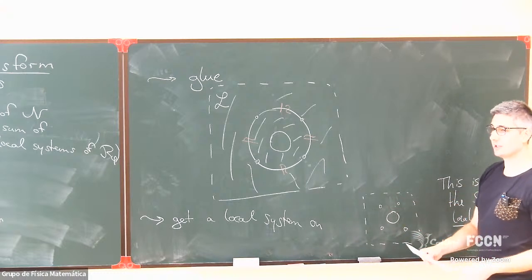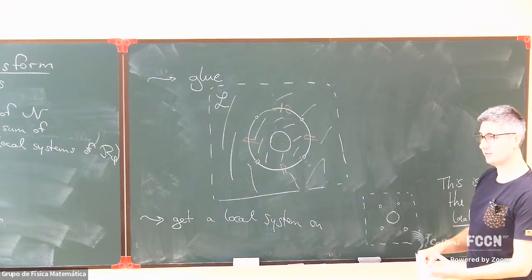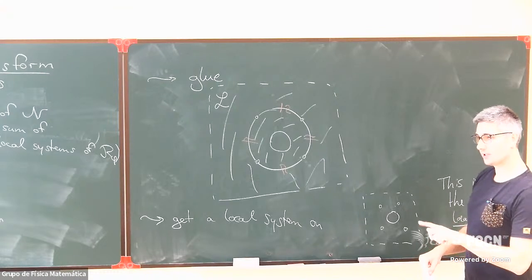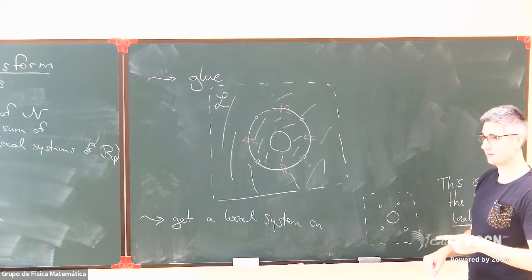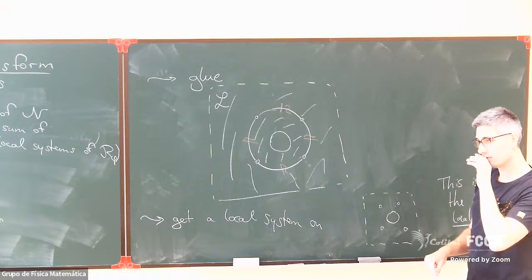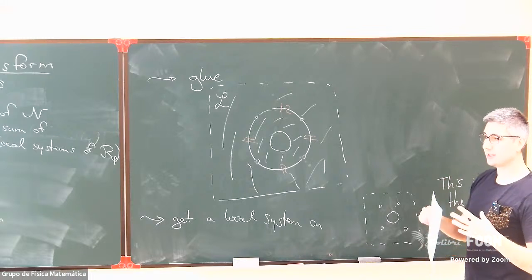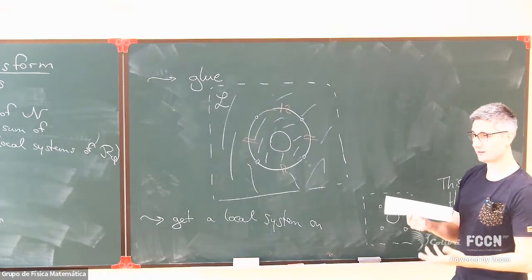Also, the local system doesn't give you the solution, it just gives you, up to isomorphism, a sheaf of vector spaces. It tells you how solutions behave. It is the space of solutions, but up to isomorphism in the category of vector spaces.